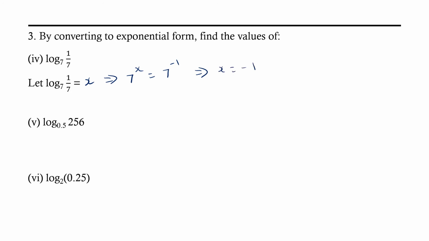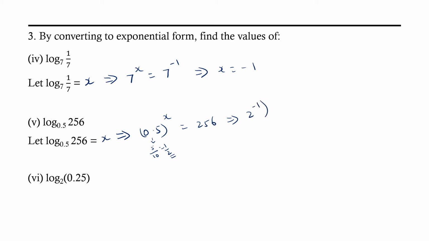The next one, log 256 to the base 0.5. So let us take, let this be equal to x. So if we write it in the exponential form, we have 0.5 the whole raised to x is equal to 256. Now this 0.5 is nothing but 5 by 10, or it is equal to half. So from this half it is 2 raised to minus 1.